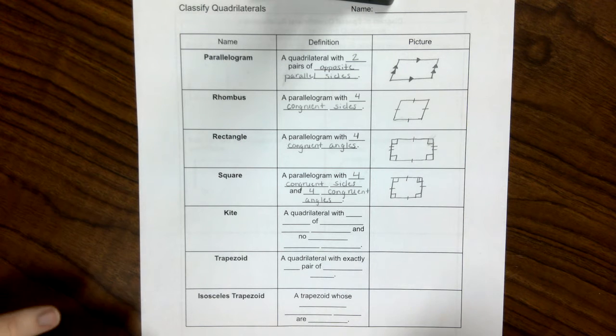So next is kite. Kite has a strange definition, so I'll write the definition for you and then give you the picture, and I'll try and explain what it means.